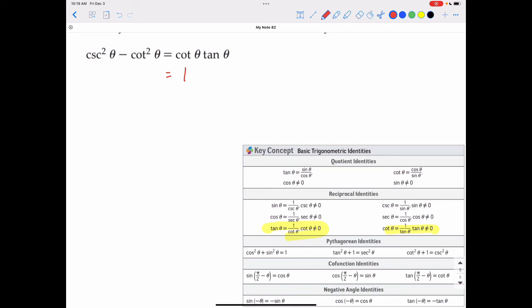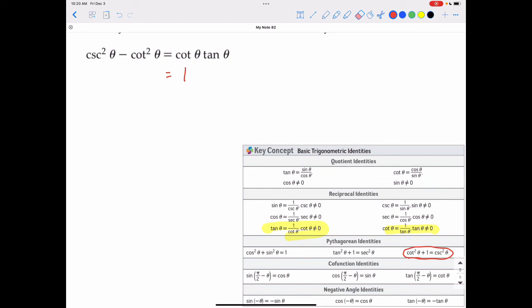On the left side of the equation, I see cosecant squared theta minus cotangent squared theta. And let's see. Cosecant squared theta, as I look into Pythagorean identities, right here, it says cotangent squared theta plus 1 equals cosecant squared theta. I could replace cosecant squared theta with that.